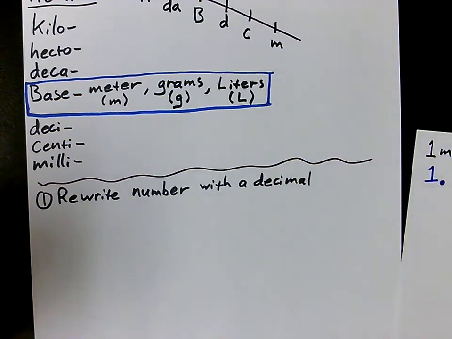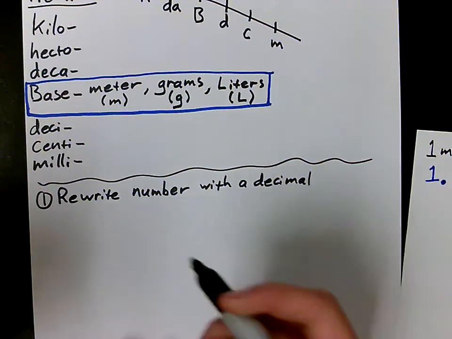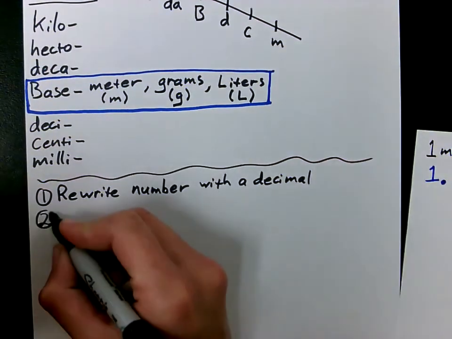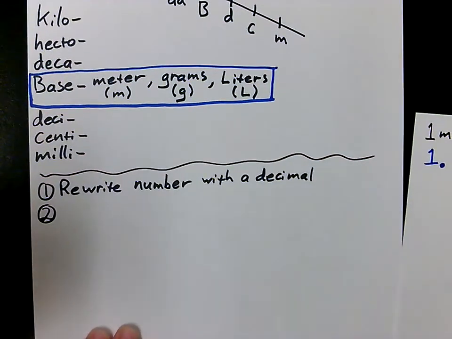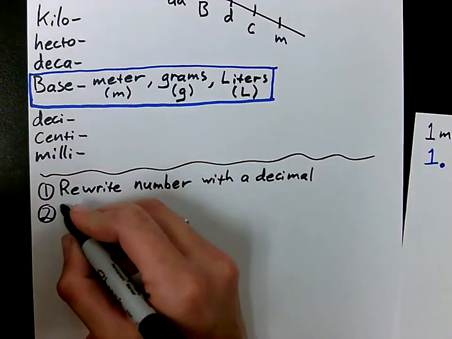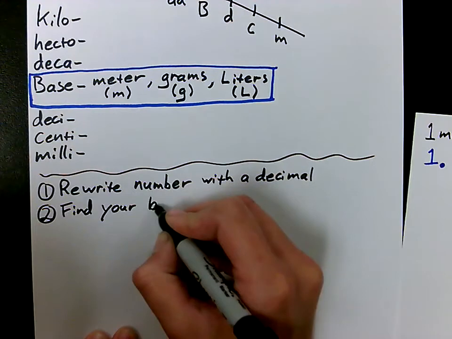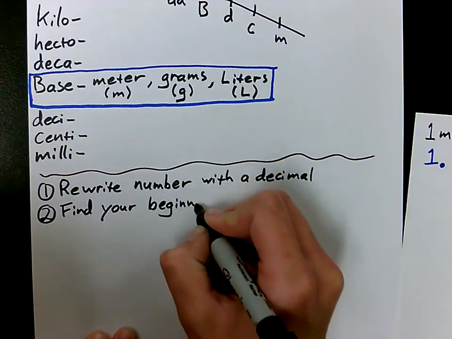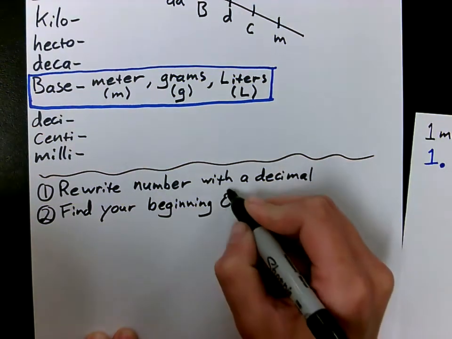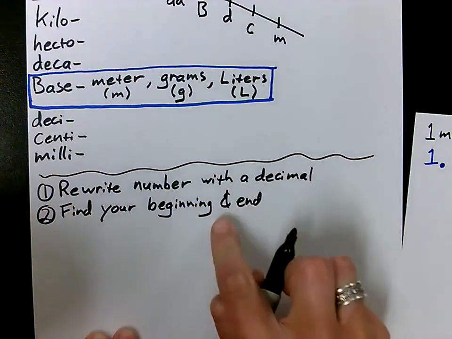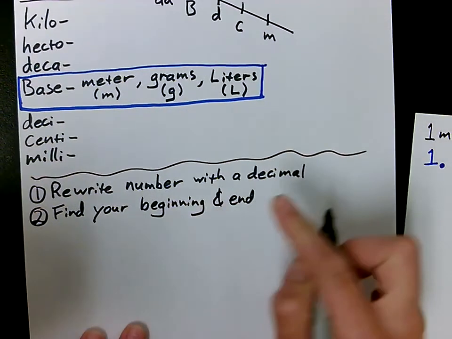Step number 2 then is going to be to find your beginning and end. This is my symbol for and. It's just like a backwards 3 with a line through it.